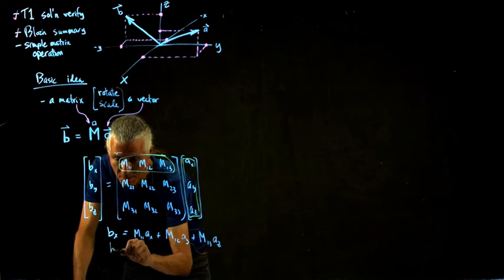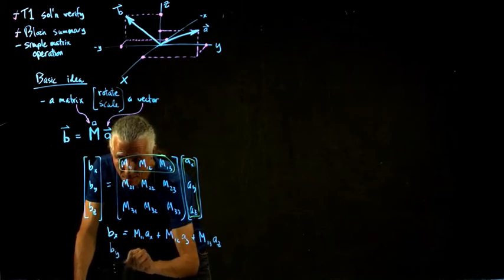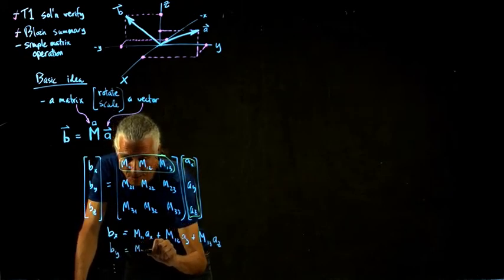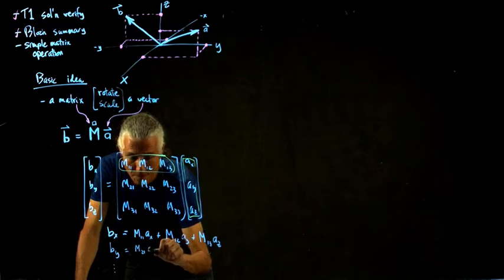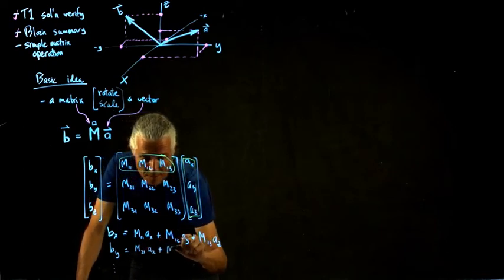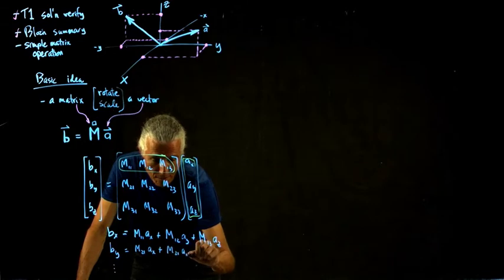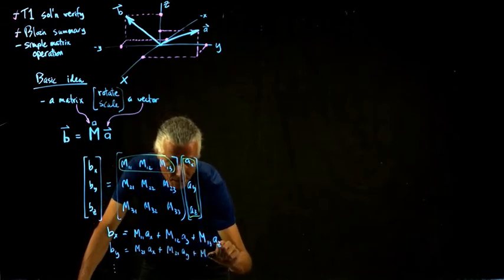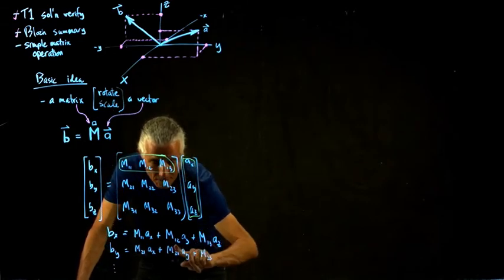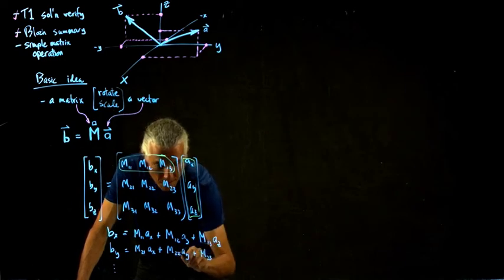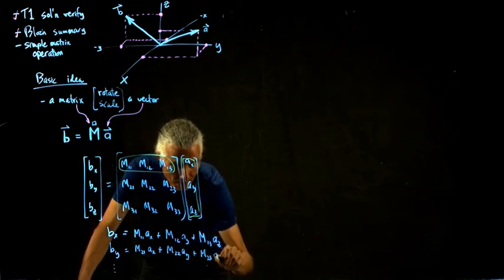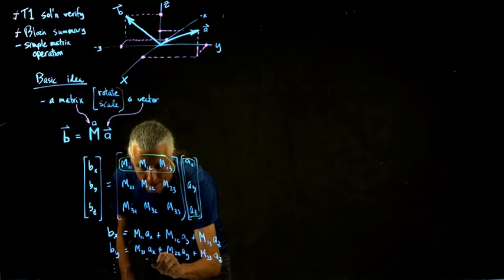And then by, we won't write out bz. Same thing, but just second row: m21 times ax plus m22 times ay plus m23 times az, etc.